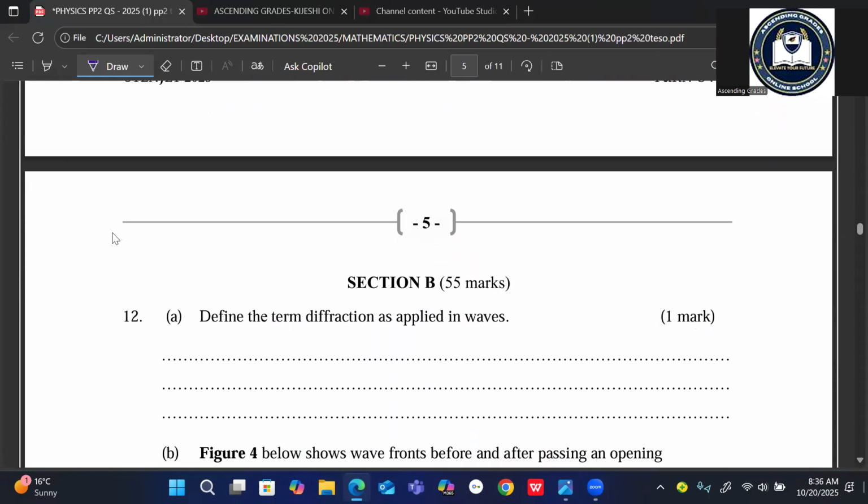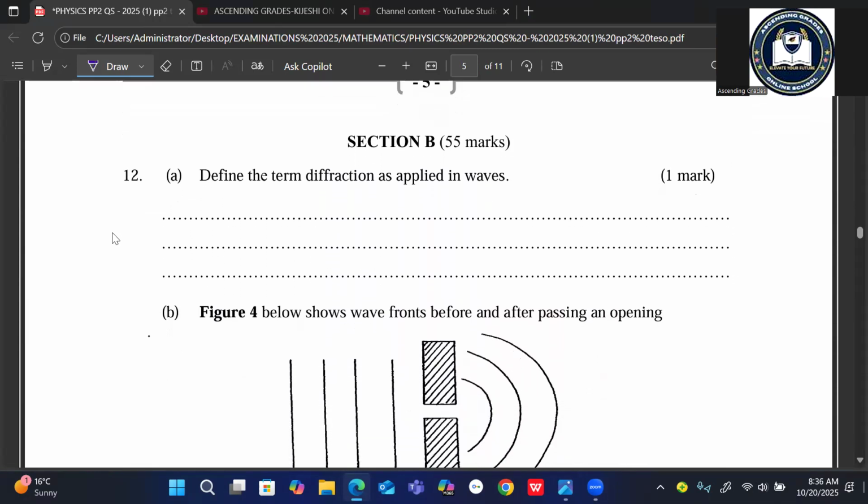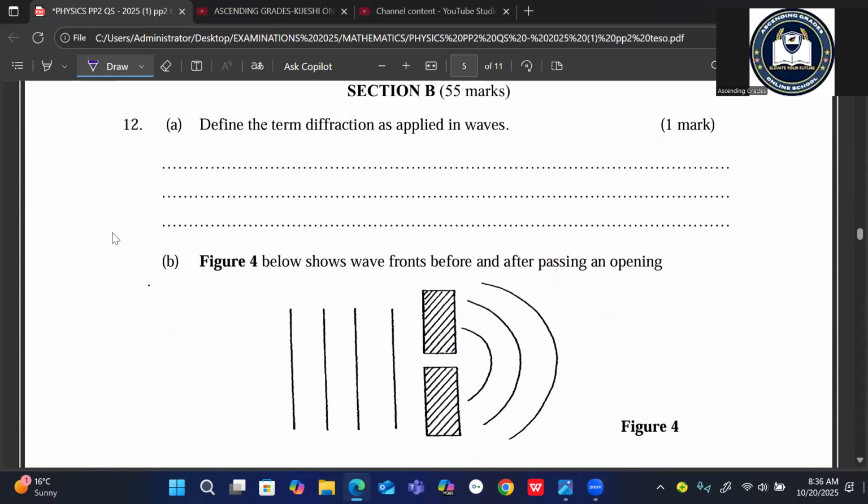We have section B. Define the term diffraction as applied in waves.